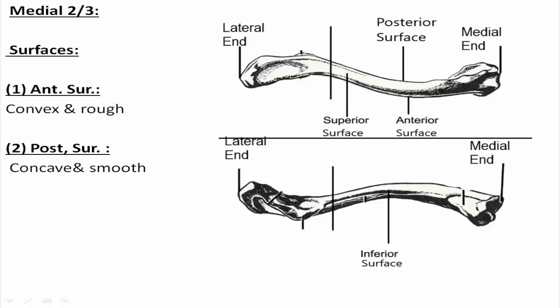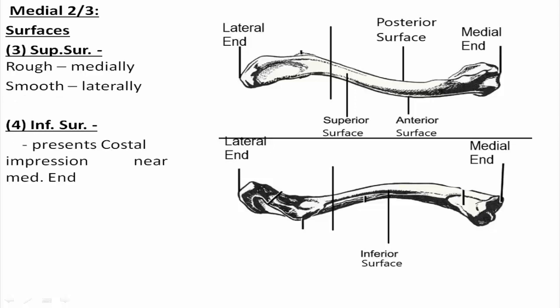Anterior surface, as you see in this figure, is convex and rough for the muscle attachment. Posterior surface is concave and smooth on the lateral side. Superior surface is rough on the medial side and smooth on the lateral side.